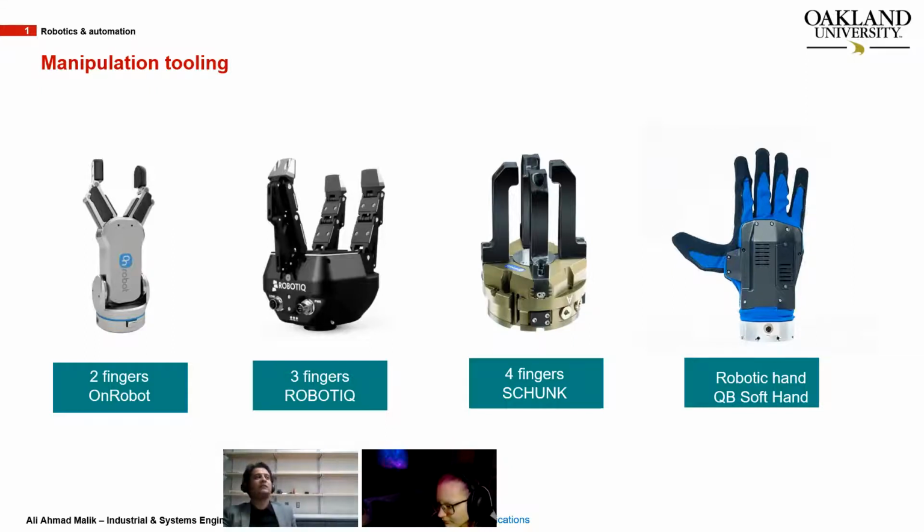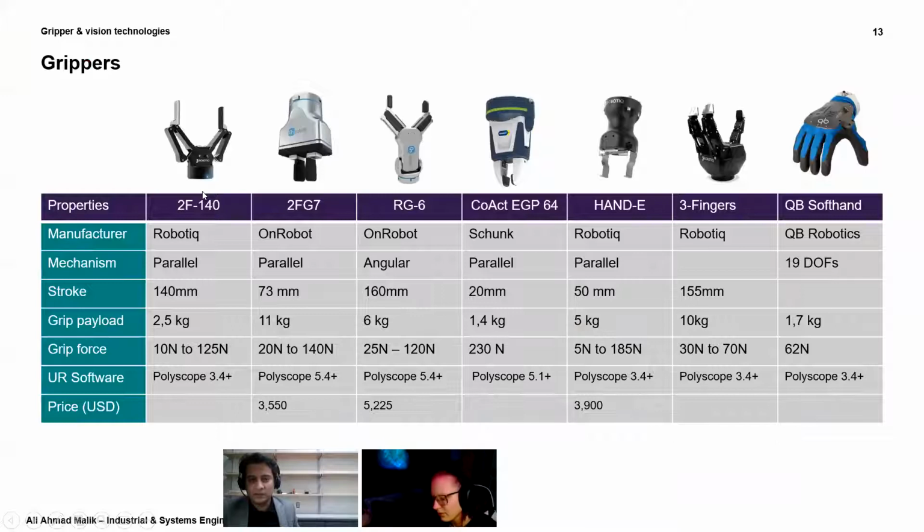Can anyone comment on why we don't always go for a more flexible gripper and not a 2 finger gripper? However, in industry, mostly 2 finger grippers are used. Expense. Exactly. The most important thing that will come into play here is the cost.